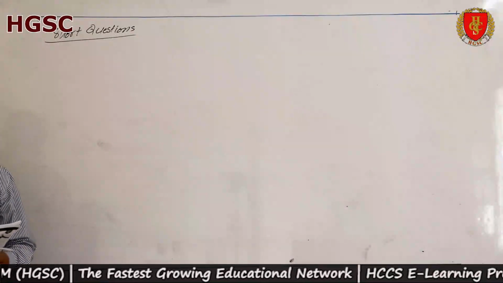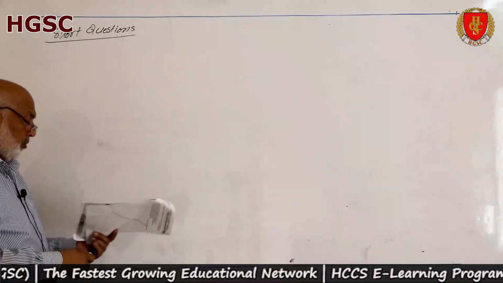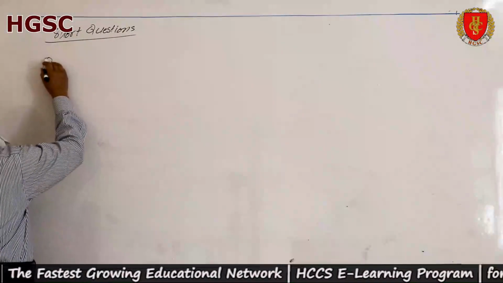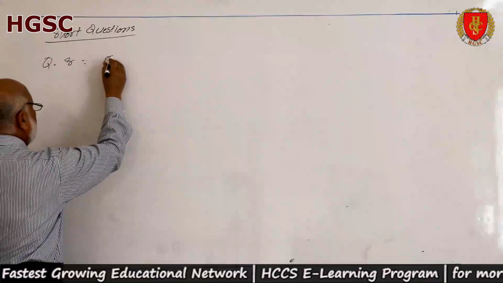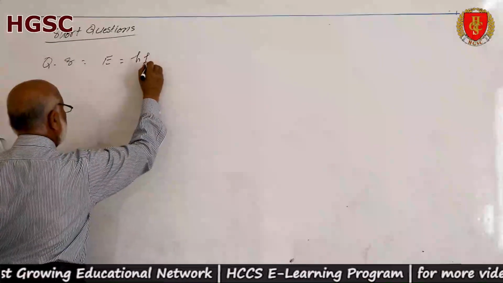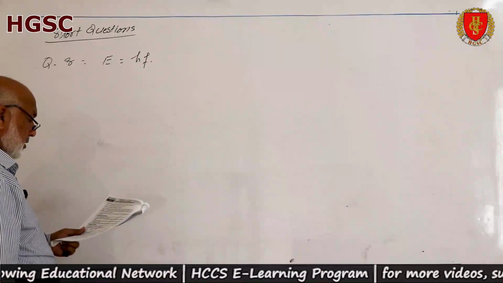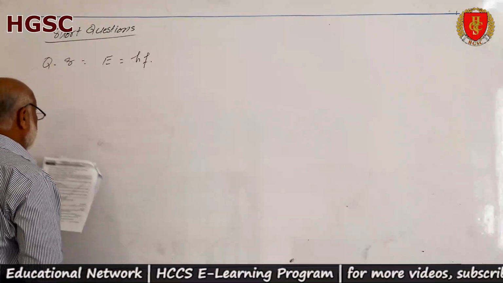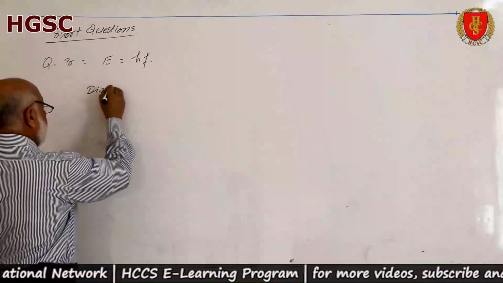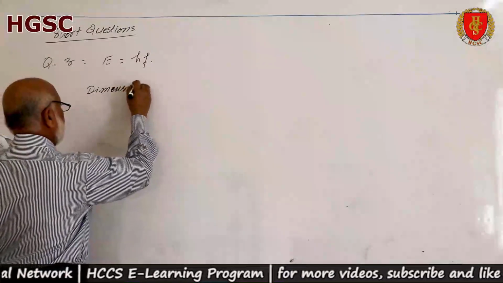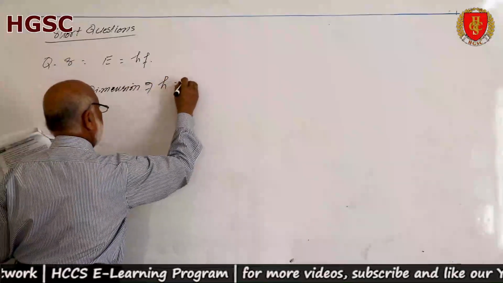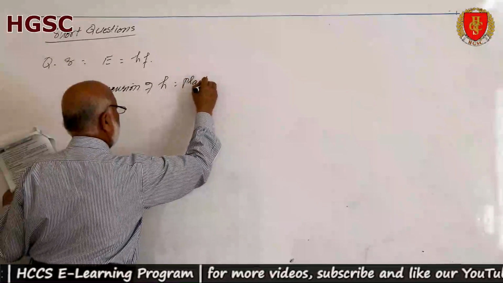Last question, question number 8. Energy of the photon is given by the equation E is equal to hf. h is the Planck's constant. Find the dimension of h.